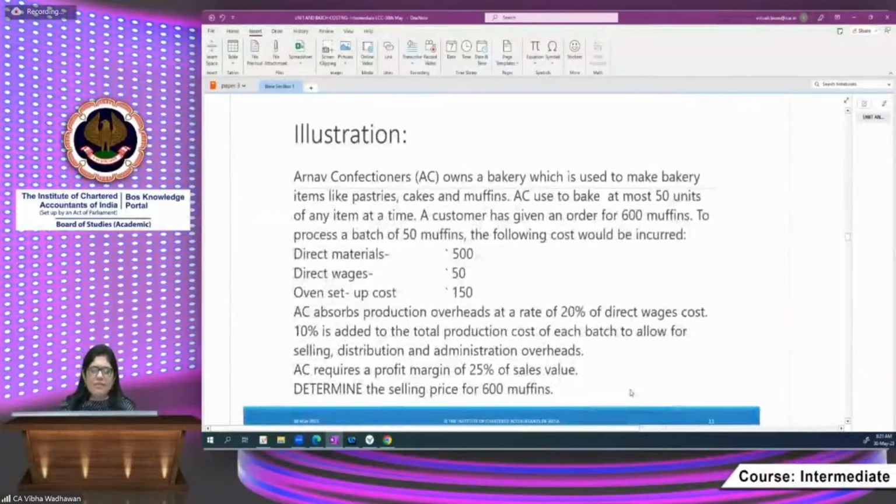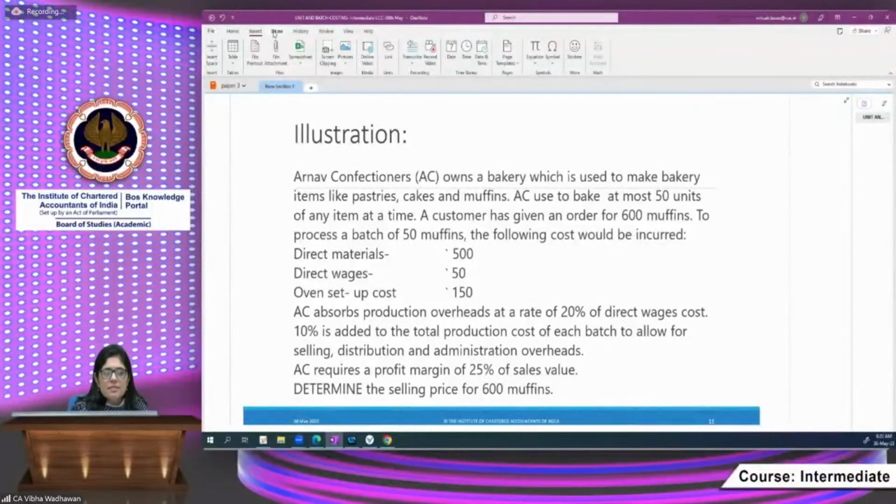Okay. So we have this illustration on batch costing. Let's take a note of this illustration, please. This company owns a bakery, which is used to make bakery items like pastries, cakes, and muffins. And it can bake at most 50 units of any item at a time.